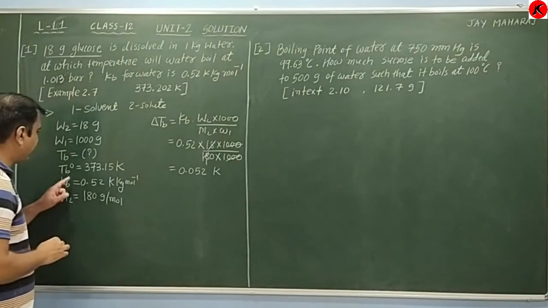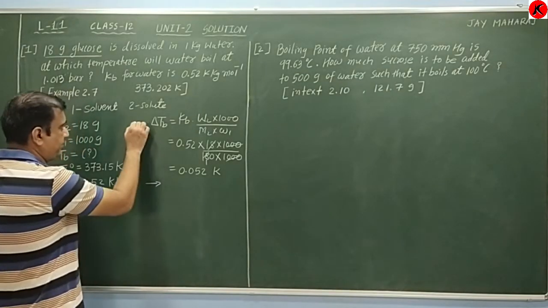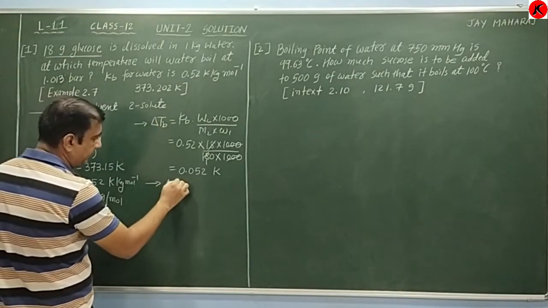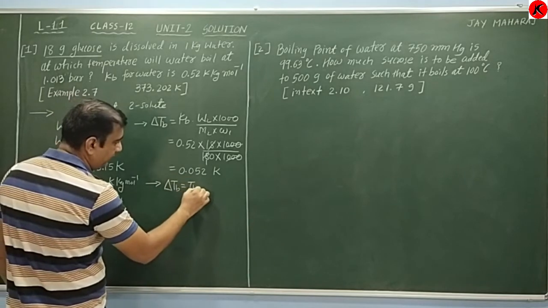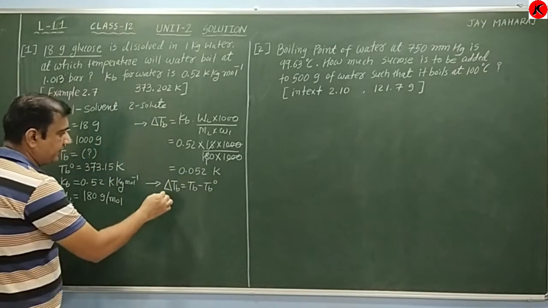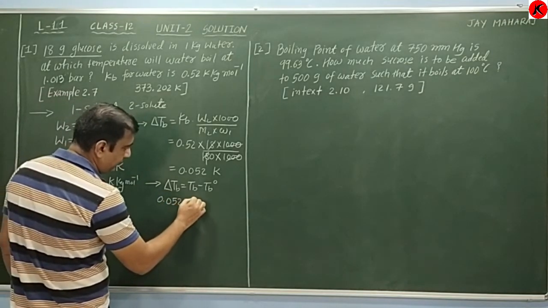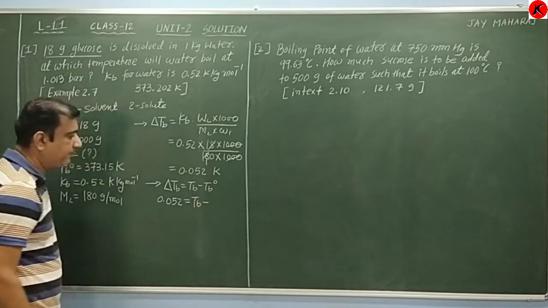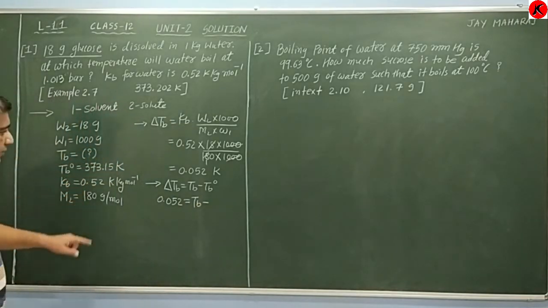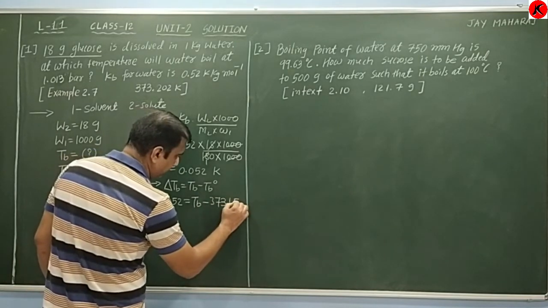Now we have to calculate the value of Tb. The second step: delta Tb equal to Tb minus Tb0. The value of delta Tb is 0.052, Tb we have to calculate, and Tb0 is 373.15 Kelvin.